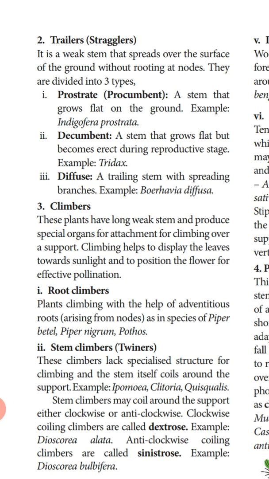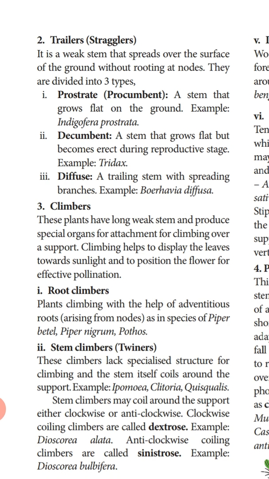Next we are going to study about climbers. Climbers are also plants with a long weak stem and they produce special organs for attachment for climbing over a support. So climbers grow with the help of a support, they will climb over another host or any surface. For this climbing they require specialized structures.